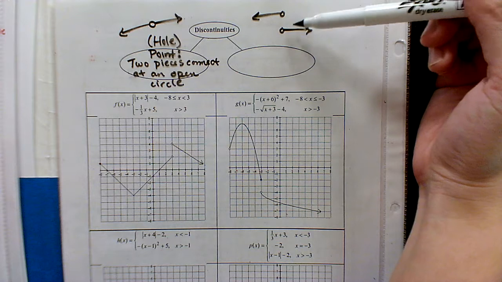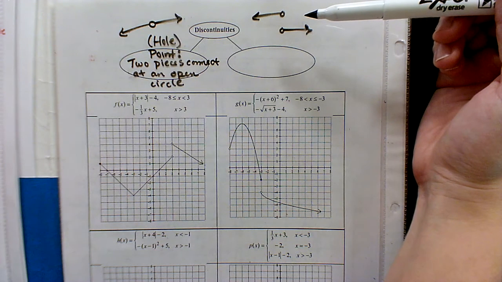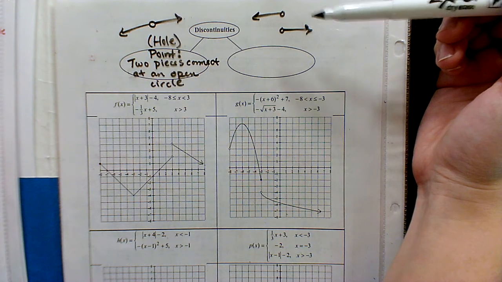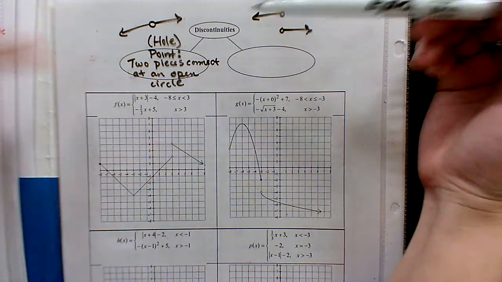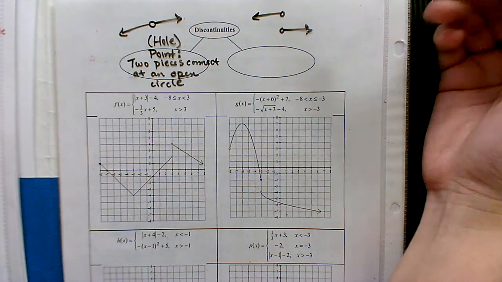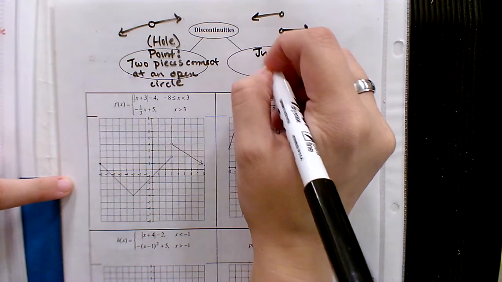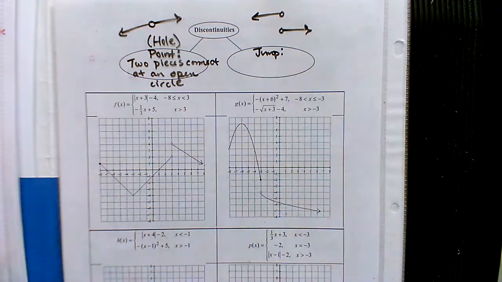Do we know what this other type of discontinuity is called? Some of you shook your heads that you've heard of discontinuities before. I'm wondering if we know the types. We have a hole discontinuity, or maybe you haven't heard of it. This is what's called a jump discontinuity. It makes sense because if you were to draw that graph, you'd have to literally jump from one equation to the other with your pencil.